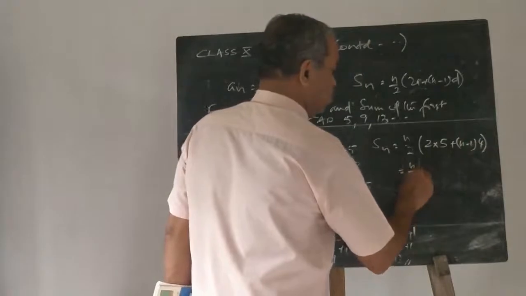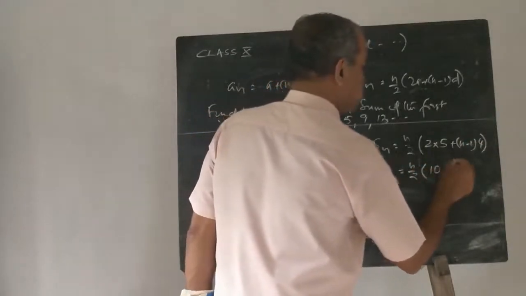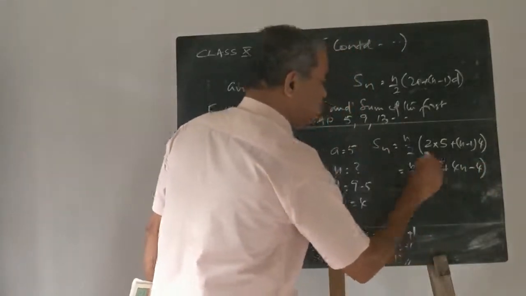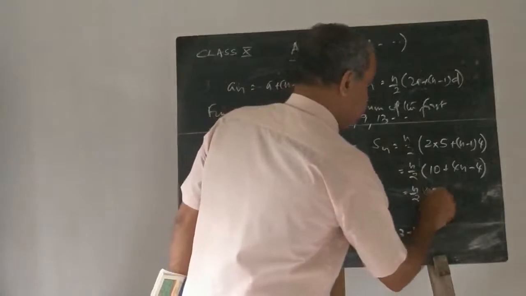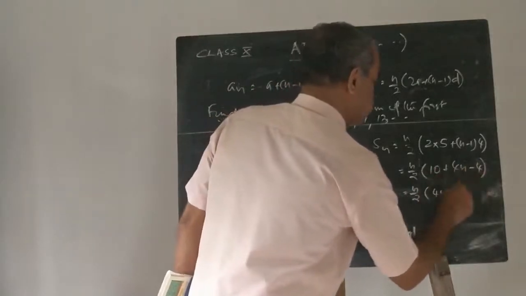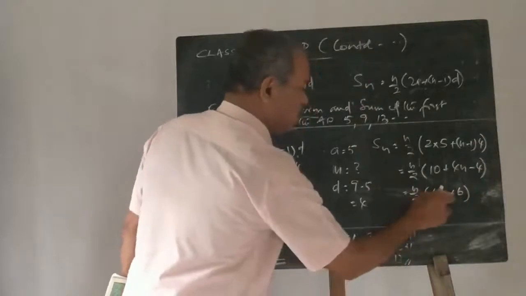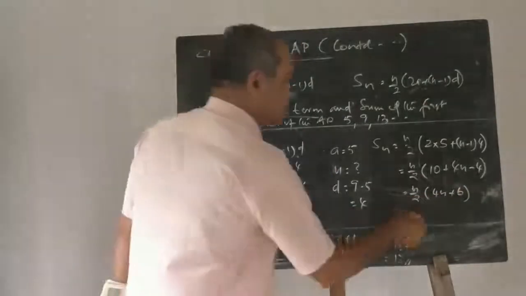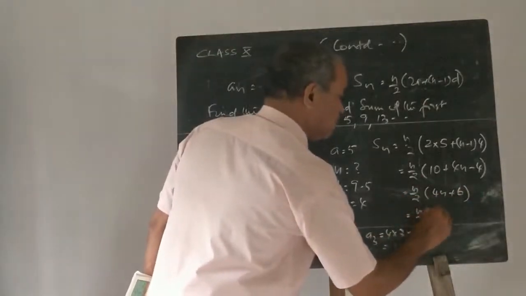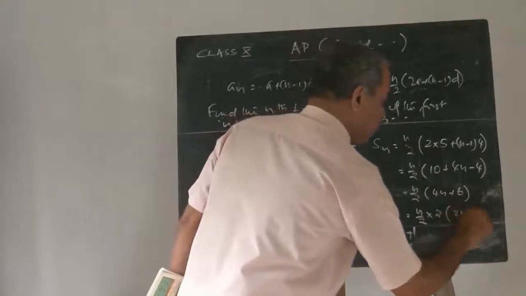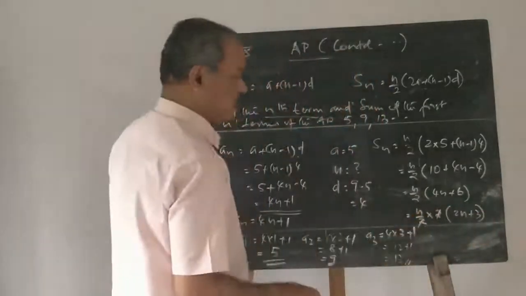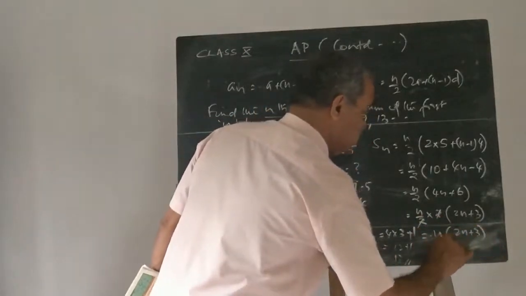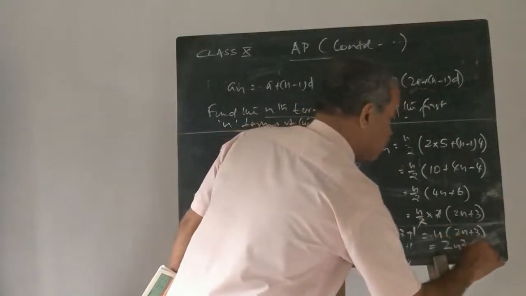So, n by 2 into 10 plus 4n minus 4 is equal to n by 2 into 4n plus 6. Here in 4n plus 6, 4 is 2 into 2, and 6 is 3 into 2. So we can take 2 outside. n by 2 into 2 into 2n plus 3. The 2 and 2 get cancelled. Equal to n into 2n plus 3, which is 2n square plus 3n.